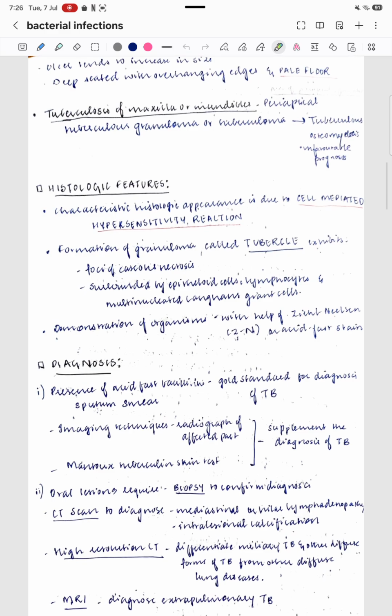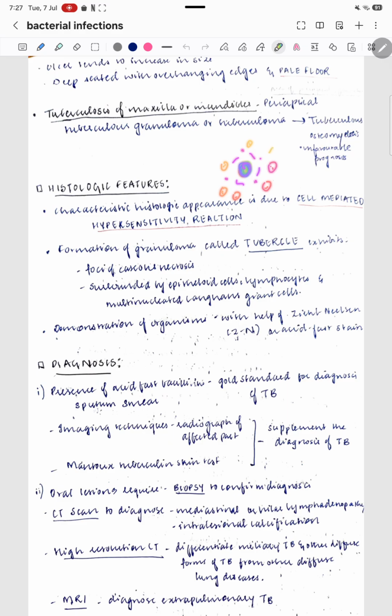Now, coming to the histological features, the histological appearance is due to the cell-mediated hypersensitivity reaction. So mainly the histology shows a cell-mediated hypersensitivity reaction and formation of a tubercle, which is your granuloma, in which foci of central caseous necrosis are seen, surrounded by epithelioid cells and lymphocytes, and multinucleated Langerhans giant cells as well.